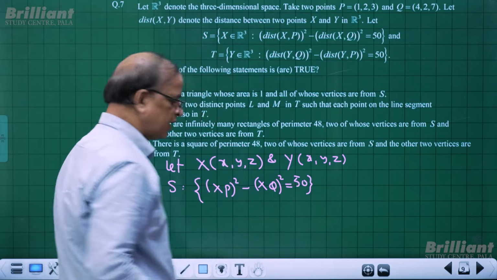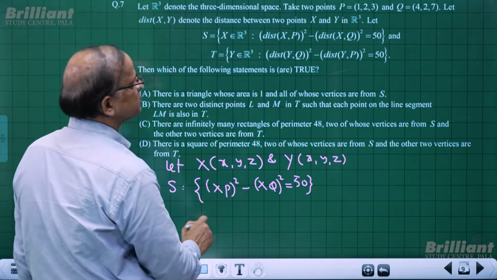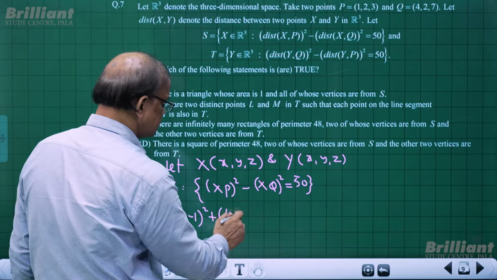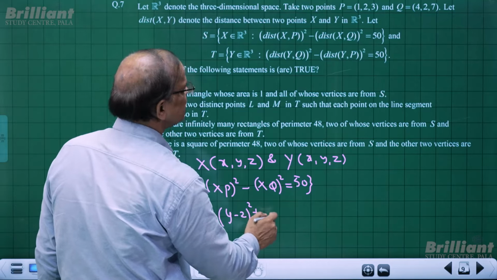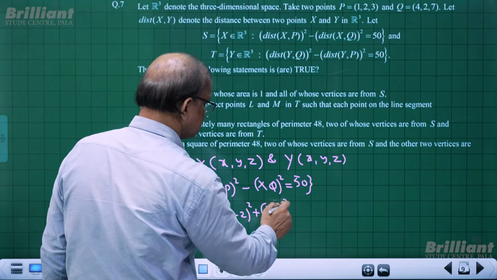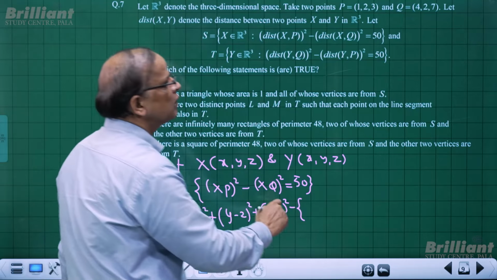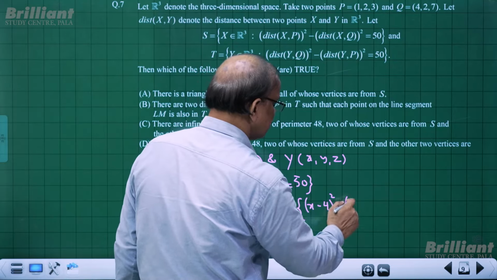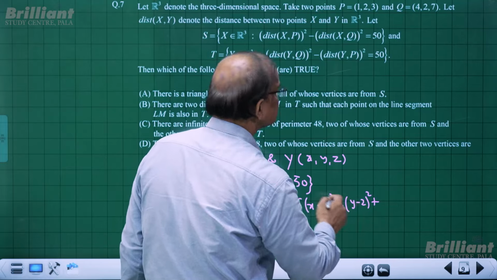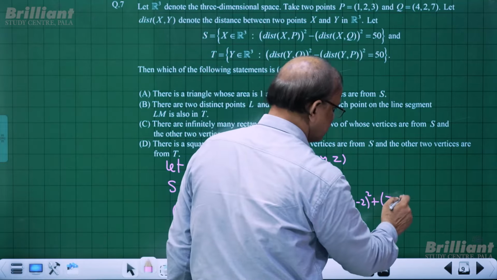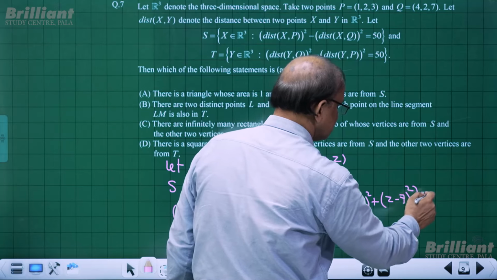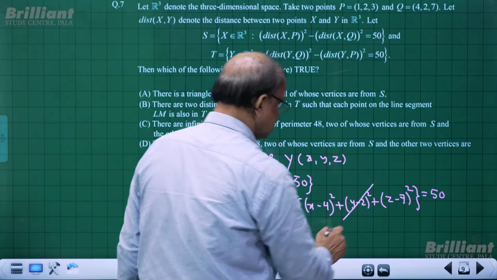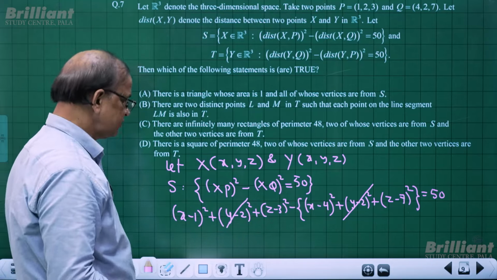XP squared is (x minus 1) whole squared plus (y minus 2) whole squared plus (z minus 3) whole squared, minus the bracket XQ squared, which is (x minus 4) whole squared plus (y minus 2) whole squared plus (z minus 7) whole squared, equal to 50. Here the (y minus 2) whole squared terms cancel.